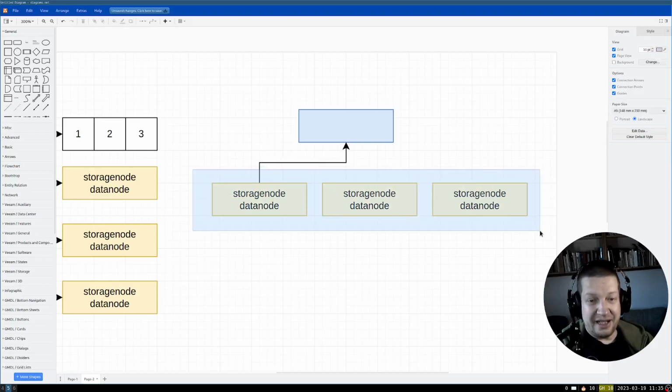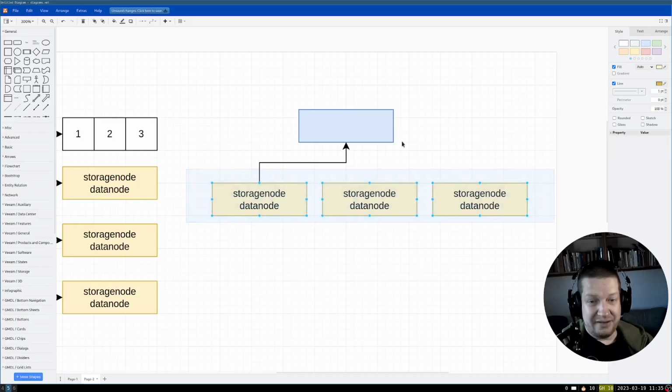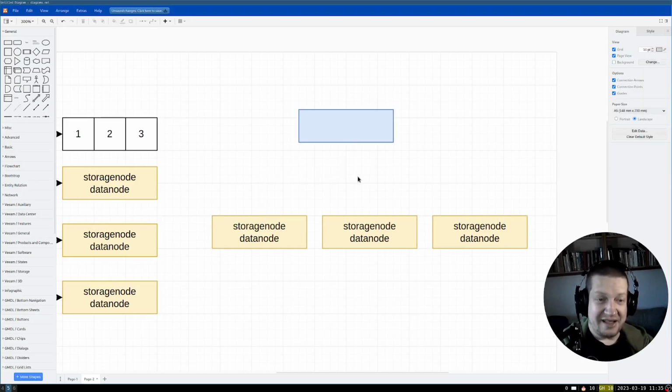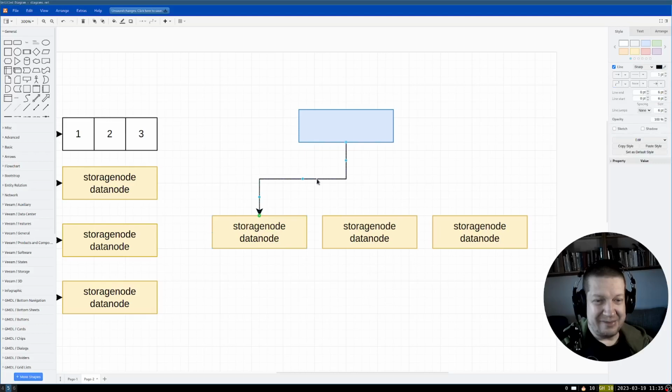For example, if the metadata server would like to ask some storage node to delete some of the pieces, it just sends a Bloom filter, which is a very tricky small piece of information, which includes some kind of hash of which blocks really should be kept, and it is constructed in a way that it's safe to delete whatever doesn't match in the Bloom filter.